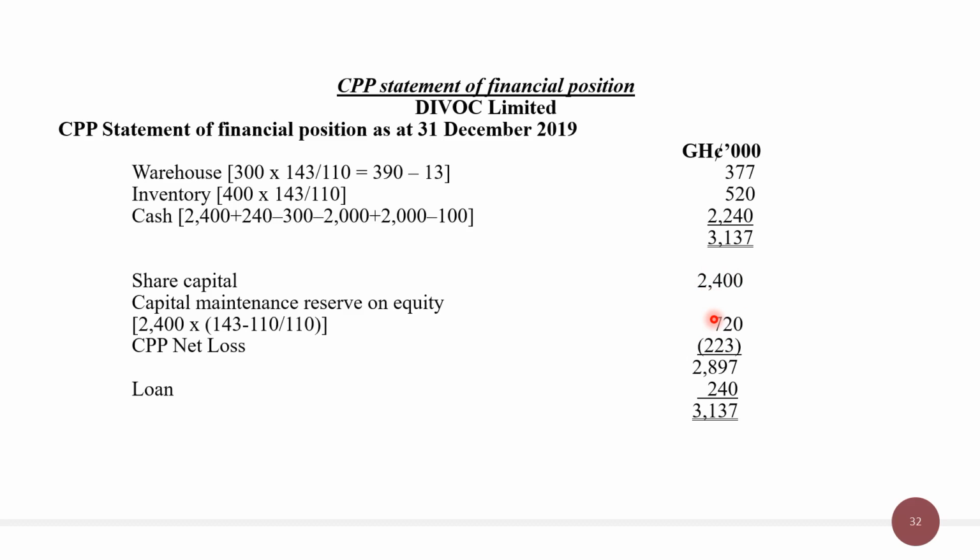If you index the share capital, the entry is 110 and the statement of financial position is 143. So 143 over 110 times 24 will actually give you 3,000 something. And the difference, we are showing the historical one and what is maintaining it. The difference is what gave you the 720. And therefore, that's what is shown in the calculation here.